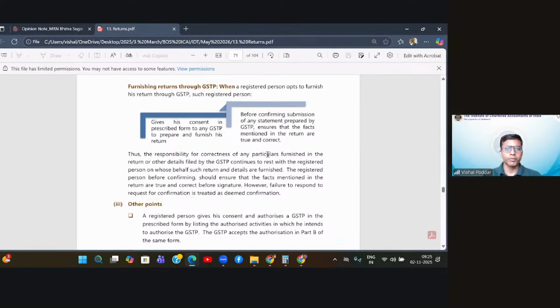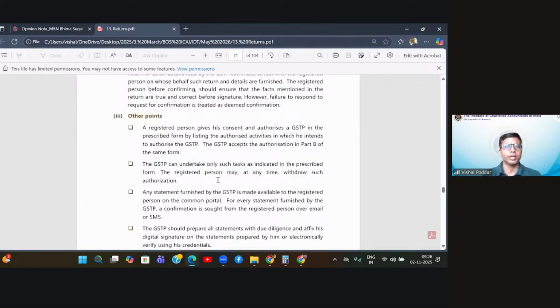Thus, the responsibility of correctness of particulars will always remain with the registered person on whose behalf such returns are filed. So even though I have prepared it on the portal through the GSTP mechanism, still it is you who will be responsible, and the registered person before confirming should ensure the facts mentioned. Interestingly, failure to respond to request for confirmation is deemed confirmation.